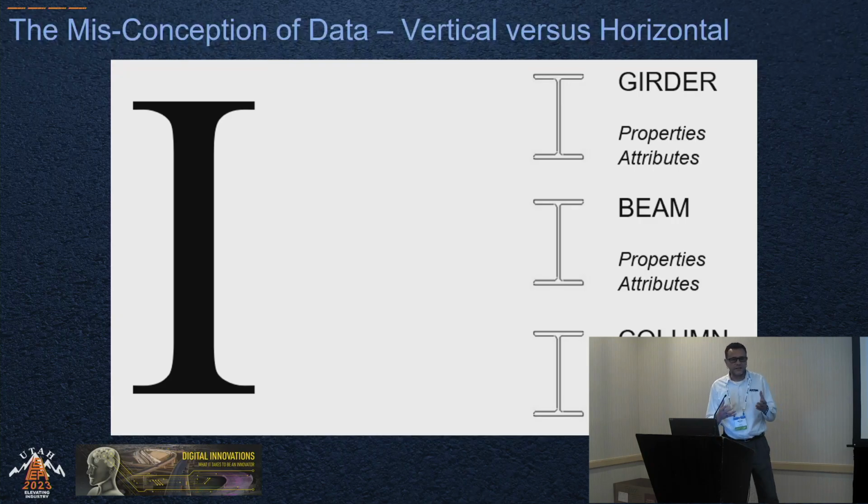There's an ontology issue that I found in the industry, and it's that differentiation between what we can learn from the vertical world and how we use it in the horizontal world. And I use this slide and present it all the time because that shape, that I-beam, is a girder, it's a beam, it's a column, regardless of whether it's a building or a structure that we're building on the highway.